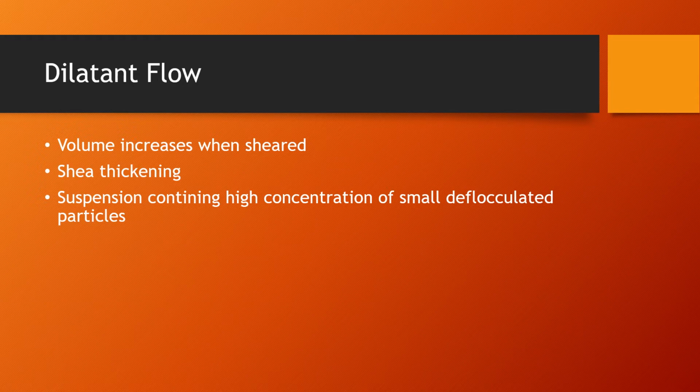In the previous example it became thin, but here it is becoming thicker. It occurs in suspensions containing a high concentration of small deflocculated particles. So when shear stress is applied, these particles will coalesce and make a thicker solution whose volume is also increased because of that.